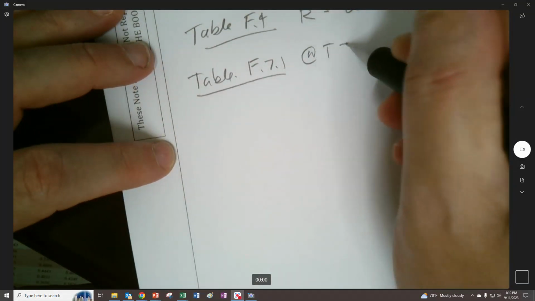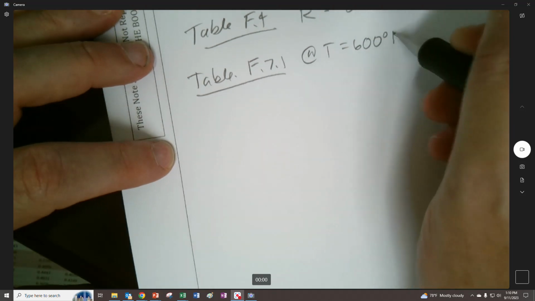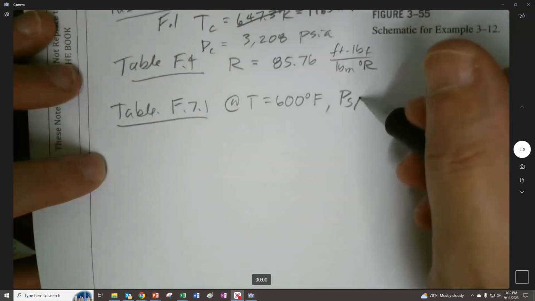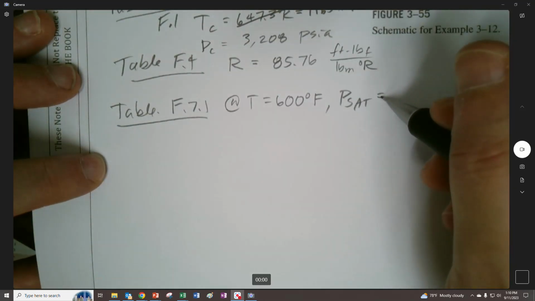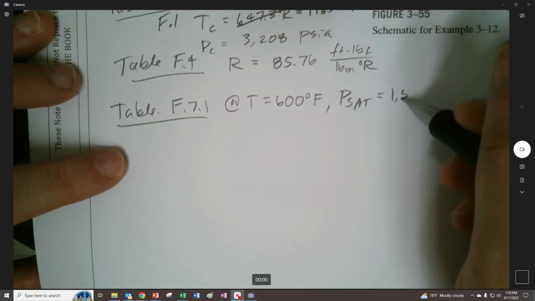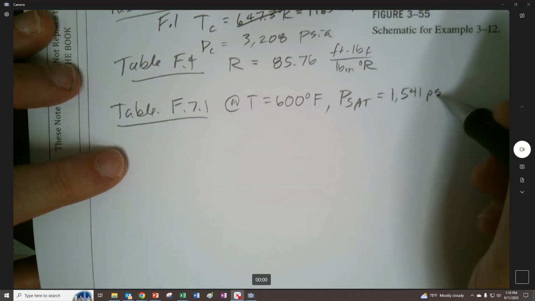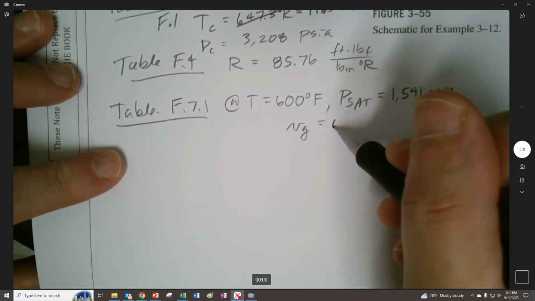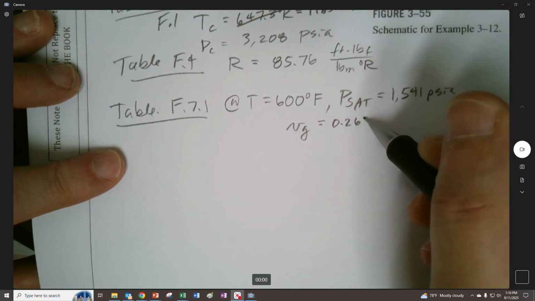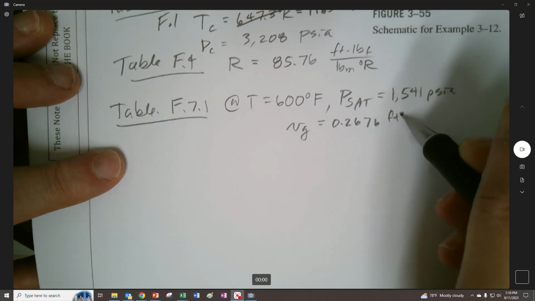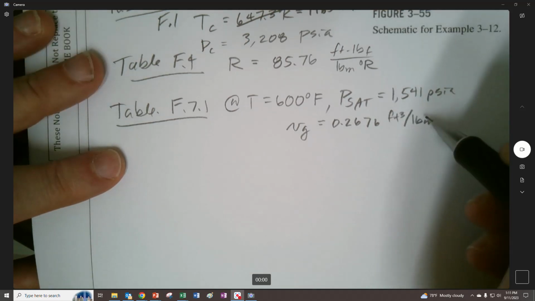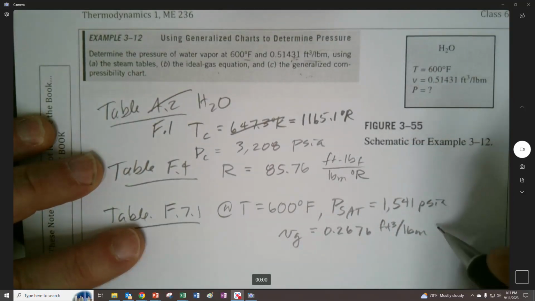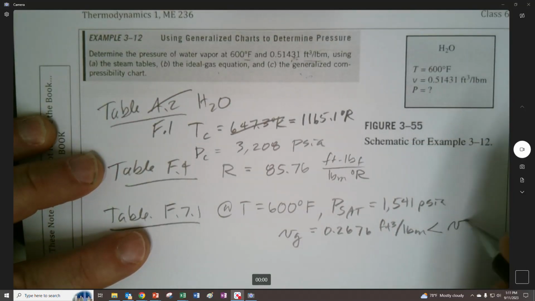So at T equals 600 degrees Fahrenheit, PSAT is equal to 1,541 psia, and VG is equal to 0.2676 cubic feet per pound mass, which is less than the VG given.